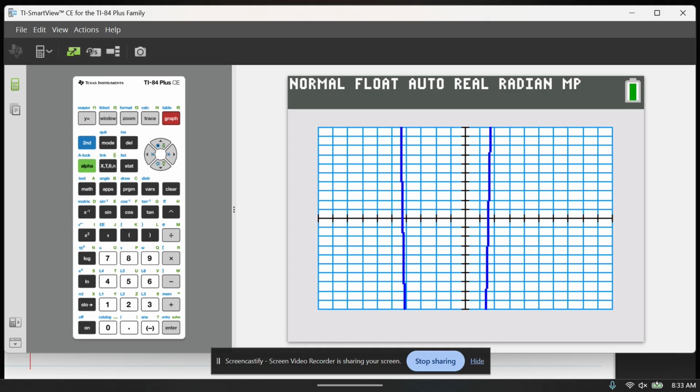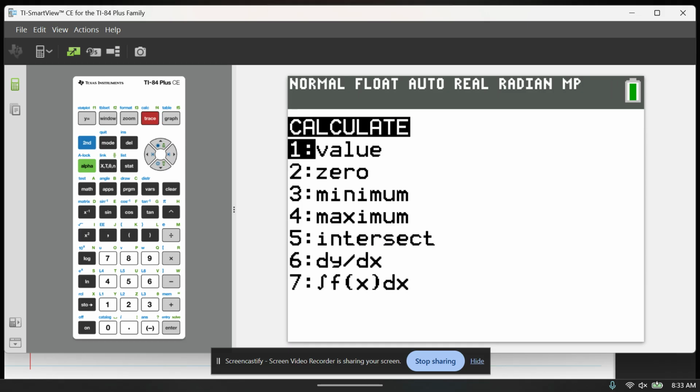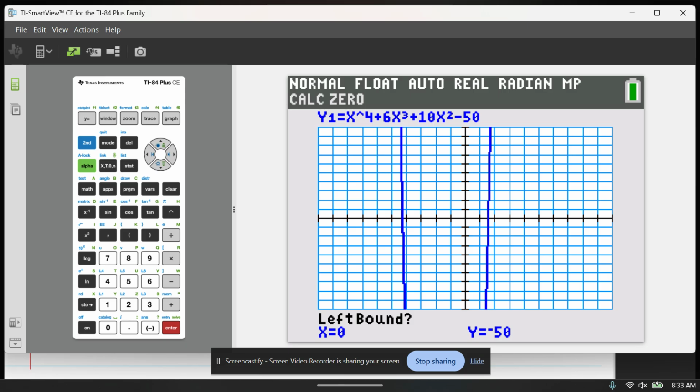Now, there is a tool on my calculator that'll find me those numbers, though. I remember second trace. Which one of those will find me where it's crossing the x-axis? Zeros. That's an x-intercept. Now, it's going to ask me for a left bound, so that means I need to be to the left of where it's crossing. So here's where it's crossing.